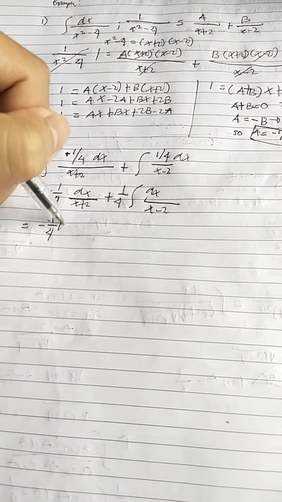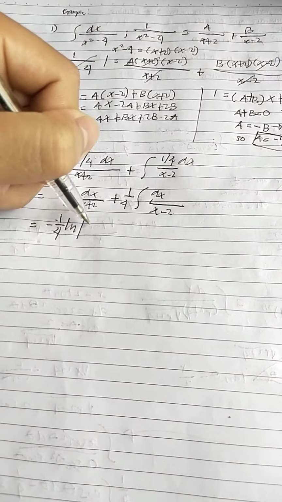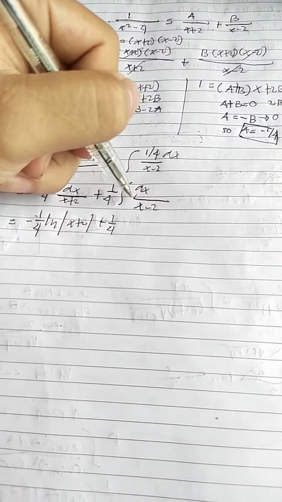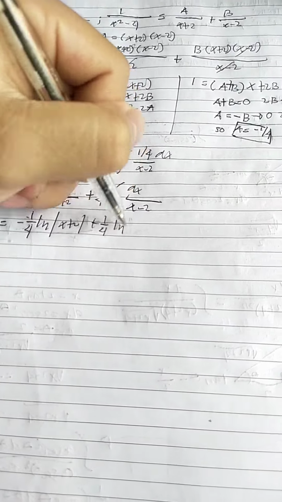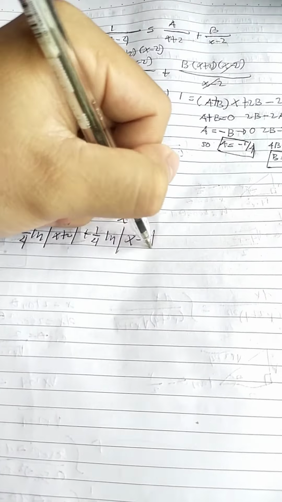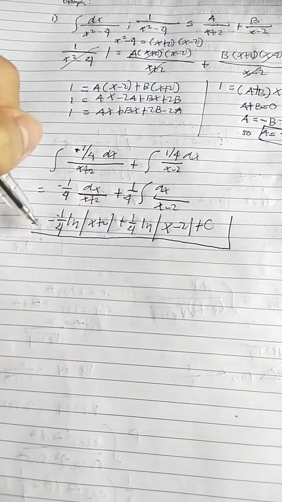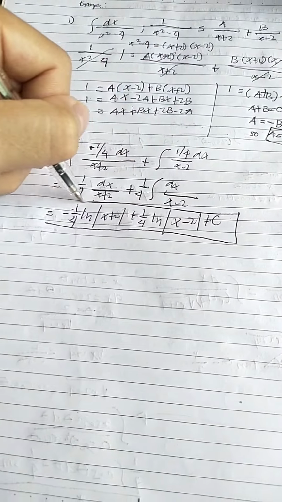This will become the ln of x plus 2, then plus 1/4, and this will become ln of x minus 2 plus c. So this is our final answer.